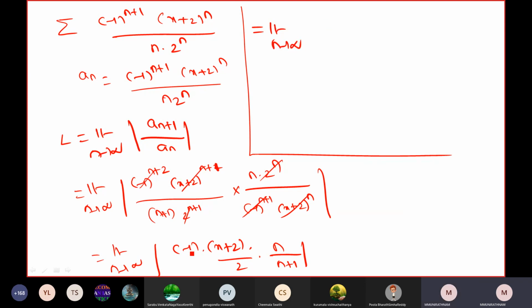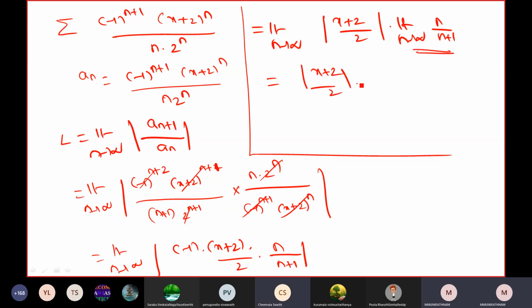Mod of minus 1 is plus 1, mod x plus 2 by 2, limit n tends to infinity n by n plus 1. x plus 2 by 2 is independent of n, don't worry about that. And what about this value? Take n common, it is 1. So x plus 2 by 2.